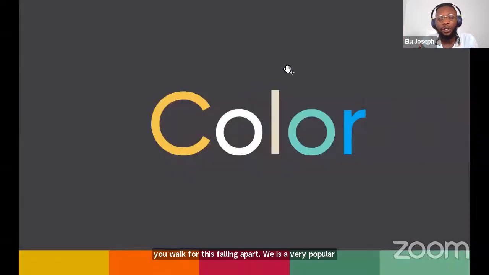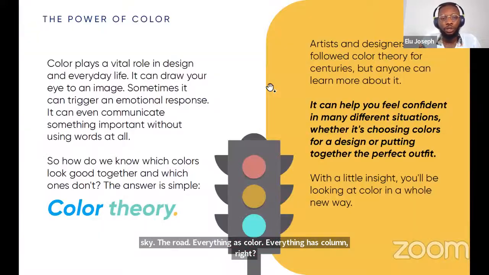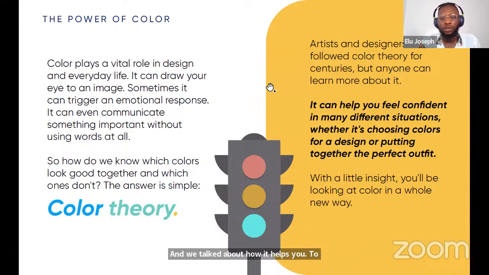And then we talked about color, which is very interesting because color is also everywhere we look, from your phone, your wall, the sky, the road, everything has color, right? And we talked about how it helps you to communicate emotions when you're designing because colors have emotions.